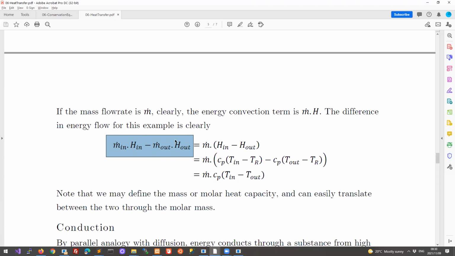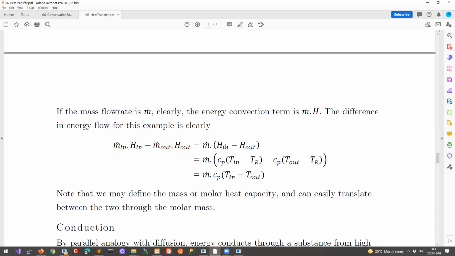We just take the mass flow rate leaving the system and multiply that by the energy content of the substance, and that will be the energy leaving the system. And if we have the mass in equal to the mass out, so if the mass profile is steady in our system, then m dot in equals m dot out equals m dot. So we can just group out the m dot, and we've got just H in minus H out here.